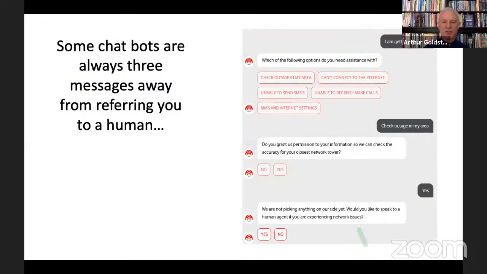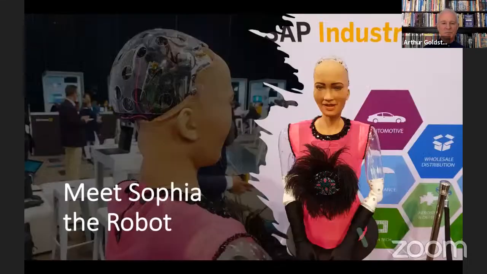And the problem with this software is that within 3 questions, Toby is already stumped, and very basic questions. This was an inquiry about getting bad signal, checking an outage in the area. Toby not being able to resolve it, not being able to connect the questions to what was happening out in the real world, and then referring you back to a human being. So humans are still required to assist the robot.